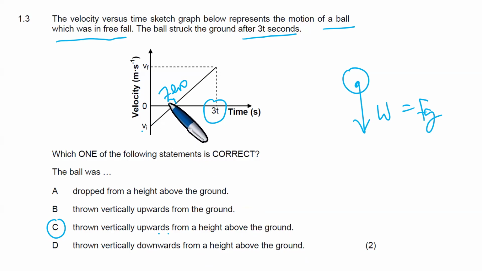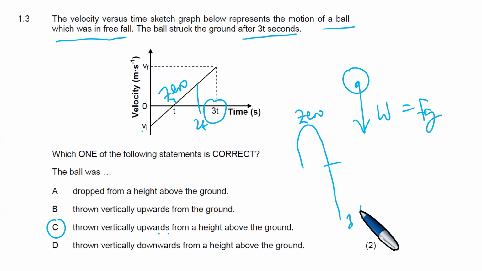It moved up, and its velocity became zero at maximum height. But you can see there was a longer time there, up to 2t, and it continued up to 3t. If it went up at time t and came down at time t, then at time 2t it is back at the starting height. So obviously it was thrown vertically upwards from a height above the ground.